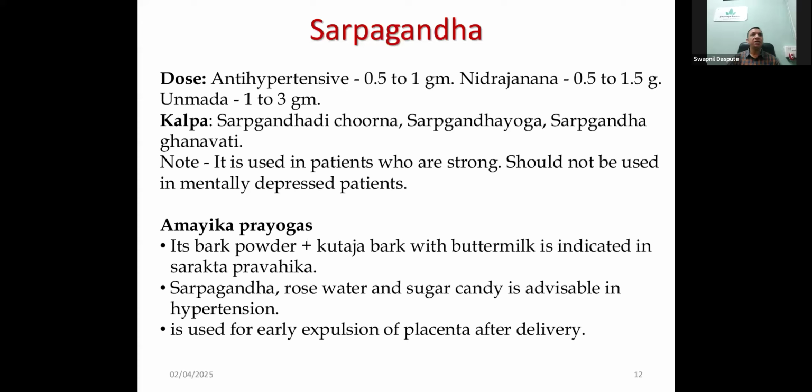Radikalpas Sarpagandhadi Churna. Sarpagandhya, Sarpagandha Yoga. Yoga is again a combination of herbs. Sarpagandha Ghanavati. Okay, Ghanavati is, I'm not sure if you have studied Ghanavati, what it is. But quickly to mention, Rasadina, Kwathadinam Punapakat, Ghanatvamsa Rasakriya.